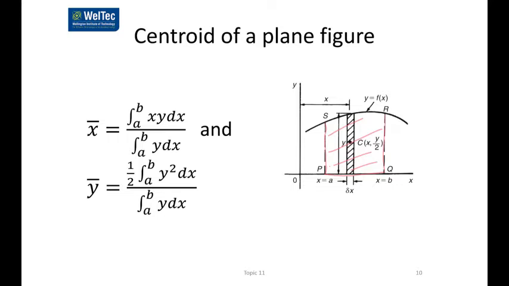Now, just a point to note here that the denominator in each case is the area of the figure.